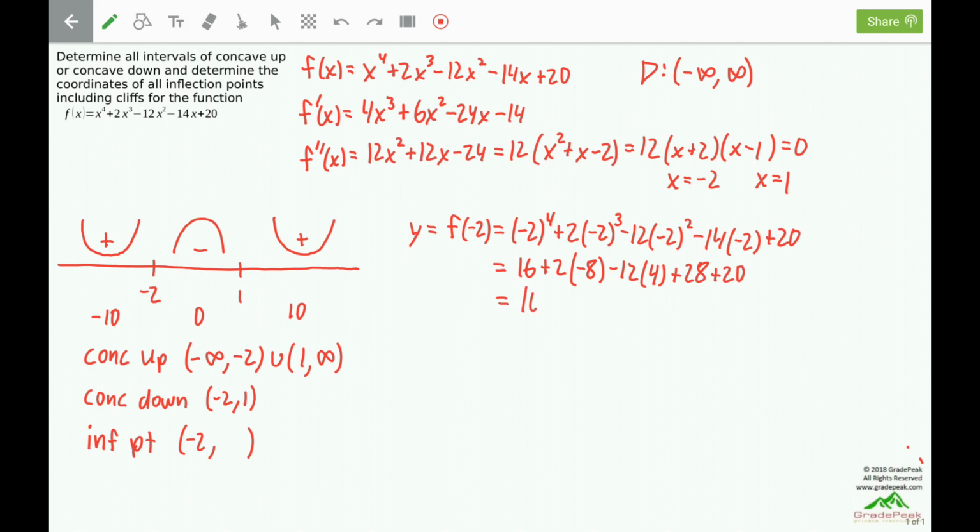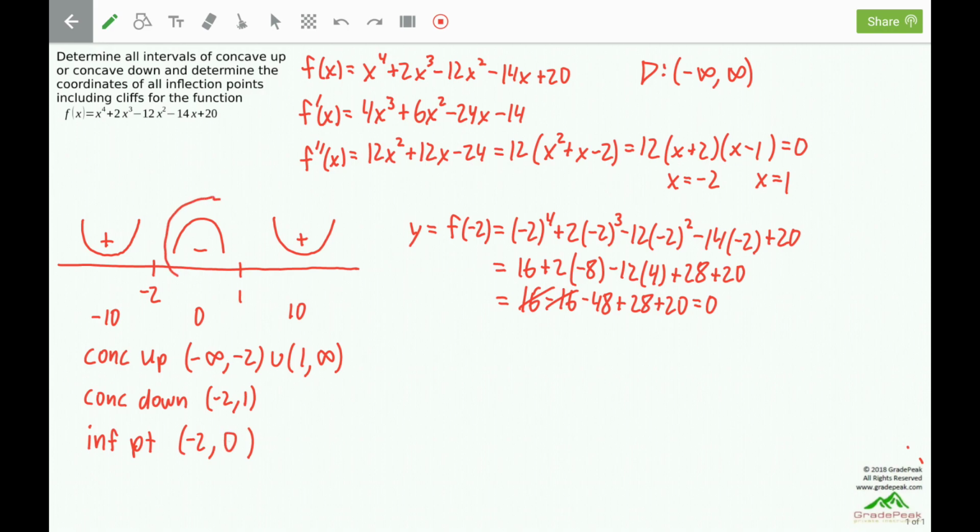So we have 16. 2 times a negative 8 is a negative 16. A negative 12 times a 4 is a negative 48. And then plus 28 and plus 20. 16 minus 16 will cancel each other out. And negative 48 plus 28 is negative 20 plus 20 is 0. So it has a corresponding y-coordinate of 0.